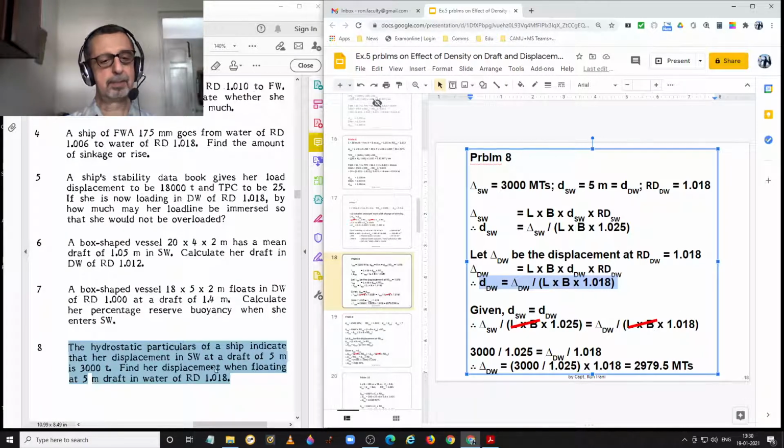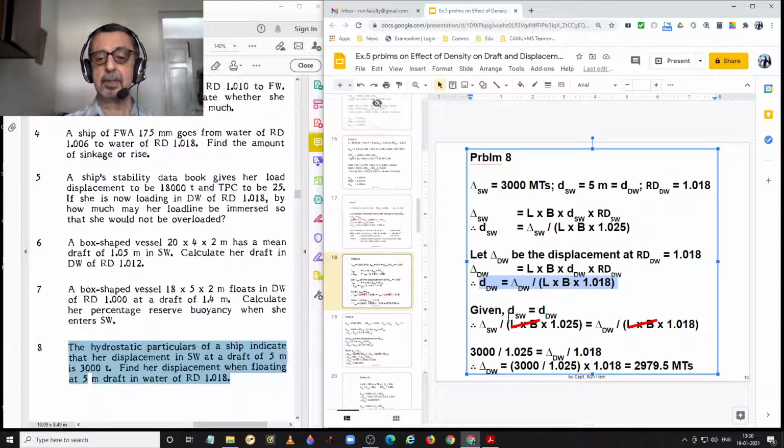Now what is given to us in this problem is that the drafts remain constant. She is floating at a draft of 5 meters in salt water, and we have to find her displacement when floating at the same 5-meter draft in water of relative density 1.018.